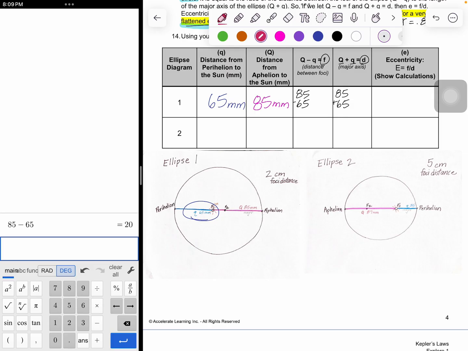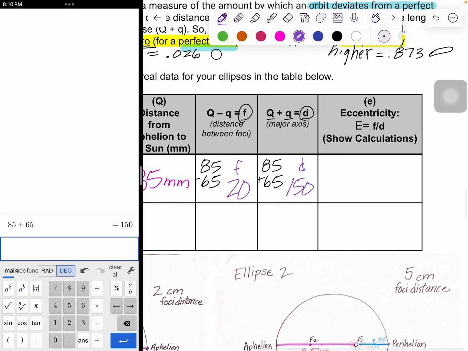So you should be solving for yours at this point. Okay, so 20 is my F, 150 is the D, right? Simply added 1 and subtracted 1.